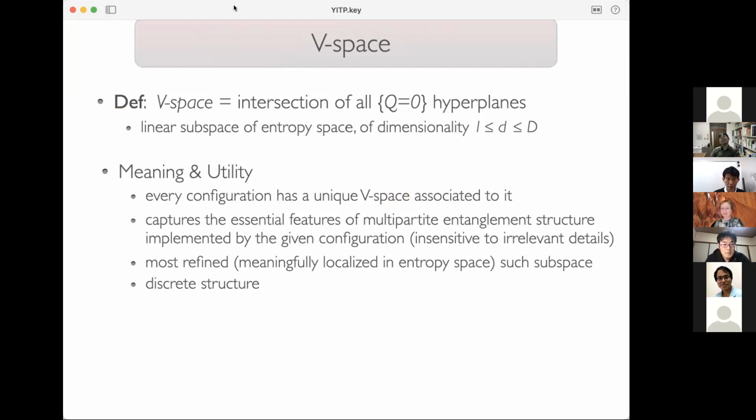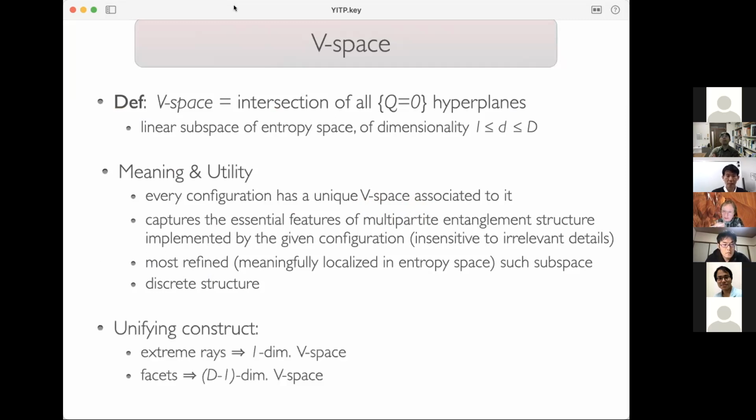So you should think of it as, to every configuration, there's associated not just an entropy vector, but a full subspace, and there's only a discrete set of those. It's a unifying construct because it unifies these extreme rays, which would be one-dimensional Vspaces, and these facets, which would be d-1 dimensional subspaces.